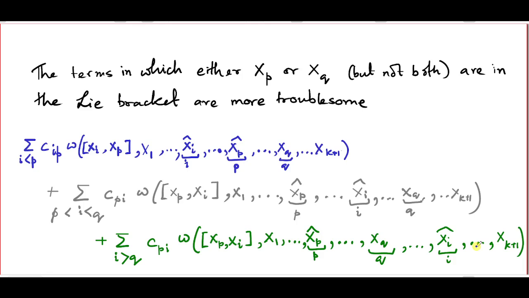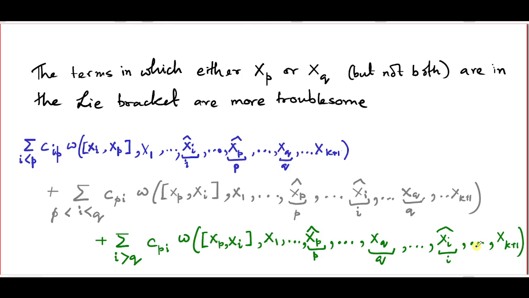This should not really come as a surprise to those of you who have seen my earlier video where we showed from the coordinate independent definition of the exterior derivative that it really is a k plus 1 form. There also we broke up our sums into these pieces because the relative positions of xi, xp and xq are going to be important for the rest of the argument.